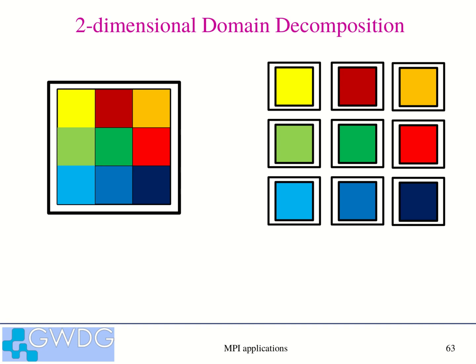See, if I calculate with my MPI function the displacements of the processes, then automatically, if I inquire the upper neighbor from a process in the upper row, I will get the value MPI_PROC_NULL.